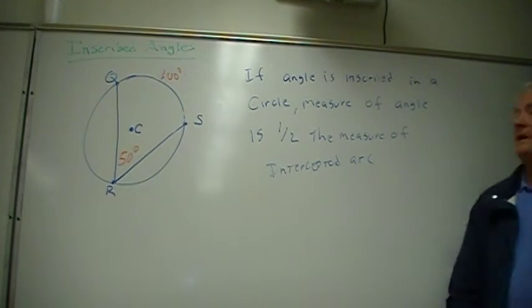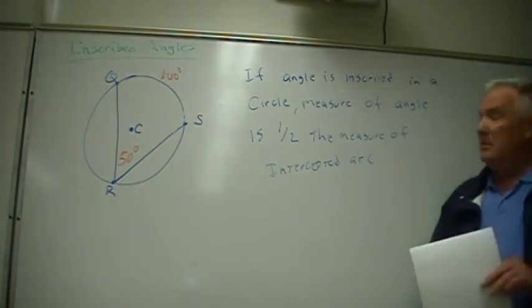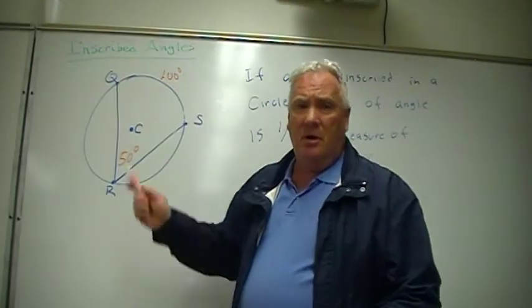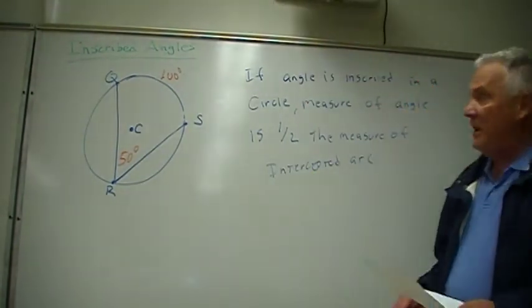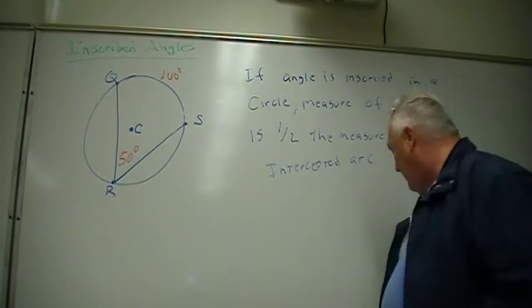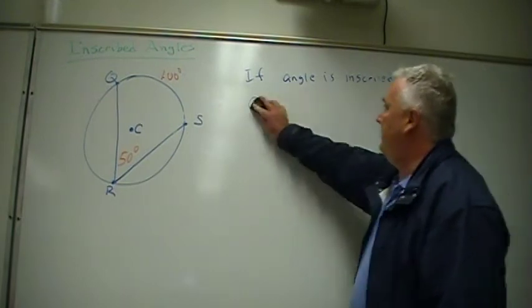The measure of that inscribed angle is 1/2 the measure of the intercepted arc. That's going to be a really important one that you're going to have to know as we move through these problems.